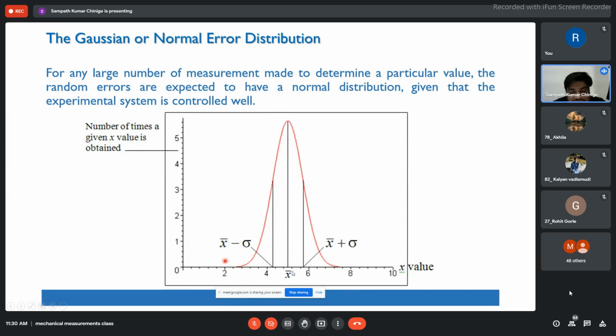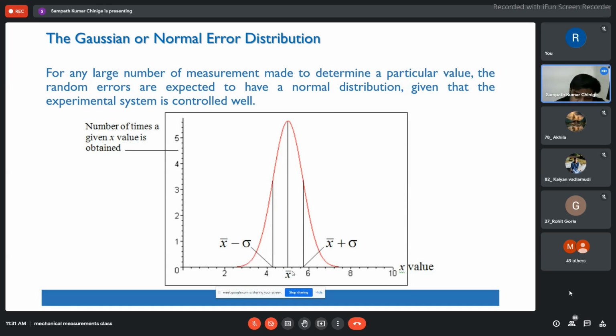So that is uncertainty. In general, people use both as the same term, thinking they have the same meaning. But as a mechanical experimentalist, you should understand that they are two different things. Whenever we talk about the range of the error for a particular experimental setup, we should say it's the uncertainty, not the error.